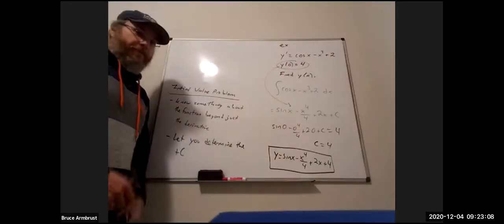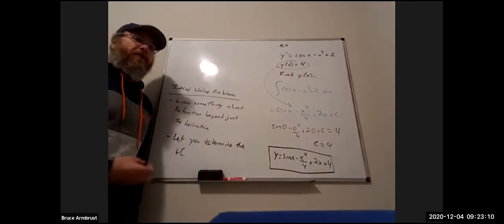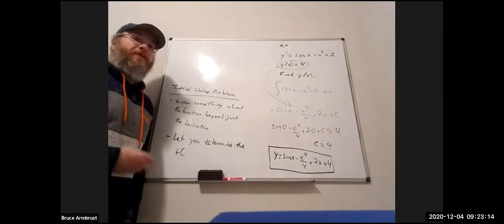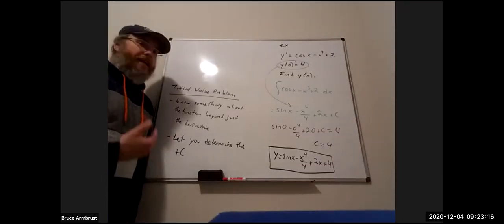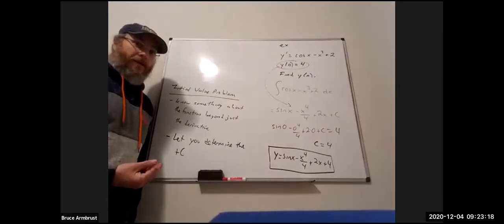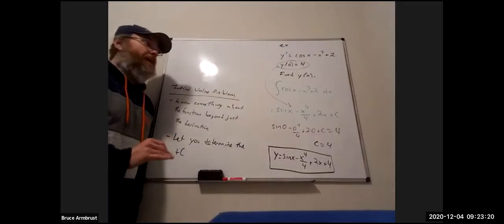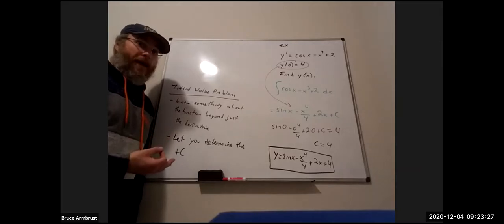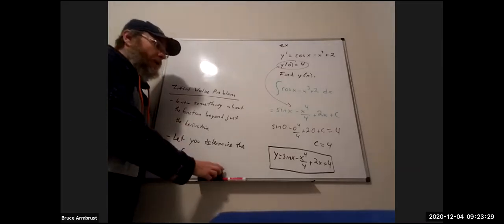If you go back and look at the velocity one, the C was the velocity at the start. And then for the position, the C was the position at the start. It doesn't always work that way. The C is not always what that number happens to be. So you've got to be careful with that. Let me show you what I mean.